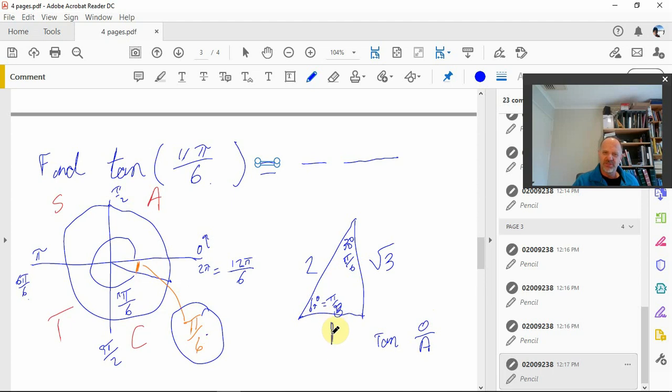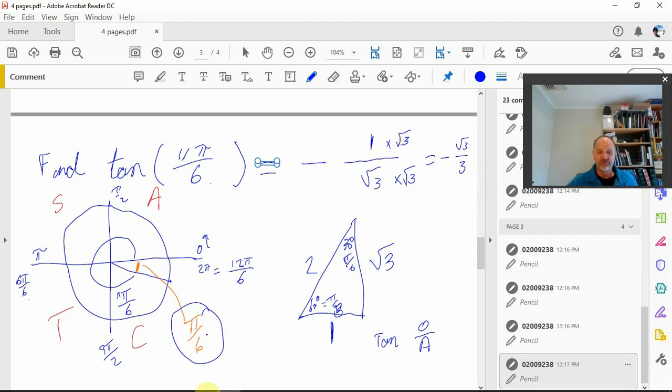So the opposite, which is 1, over the adjacent, which is root 3. And again, this is not in rationalised form, so we need to rationalise. And so that becomes negative of 1 times root 3 is root 3. Root 3 times root 3 is root 9, which is root 3 on 3. All right, so there's exact values.